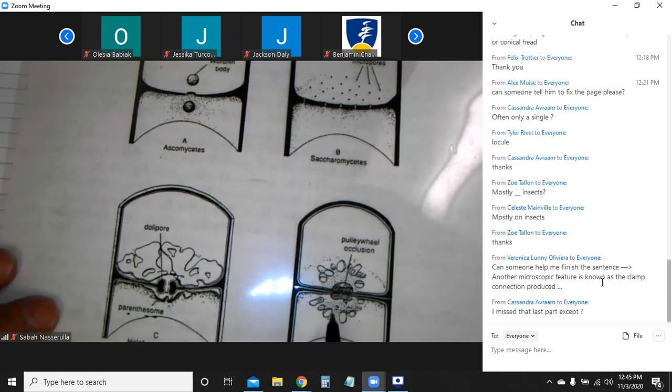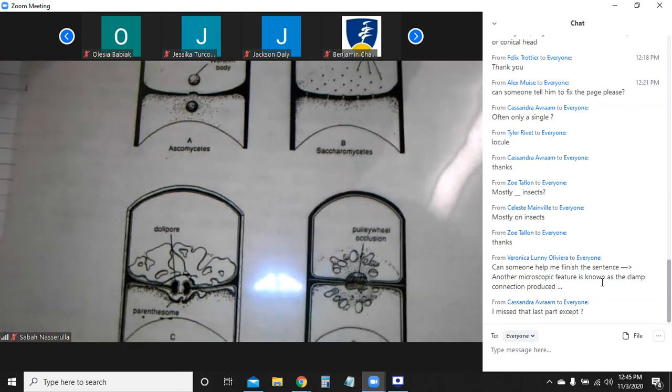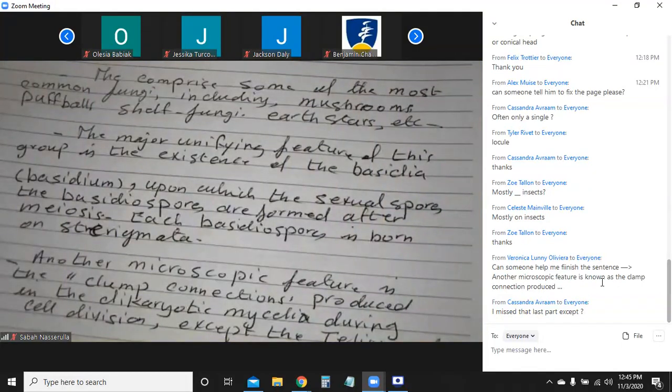So these are the characteristics which the Basidiomycetes also show, and, apart from the teleomycetes, which sometimes don't show that. Just to explain this point here.